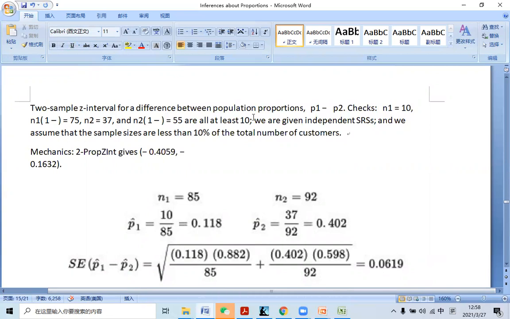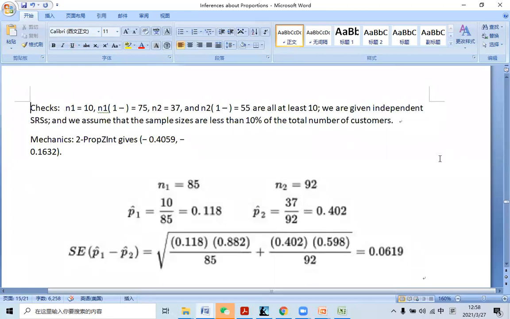Let's check. N1, the first sample, N1 is 85, N2 is 92. So what do you want to check?